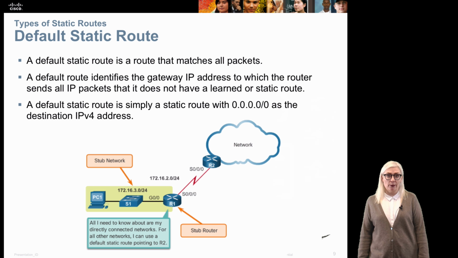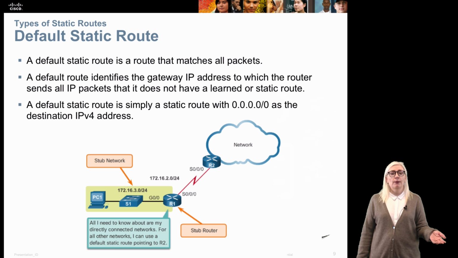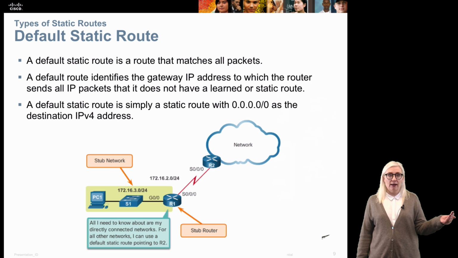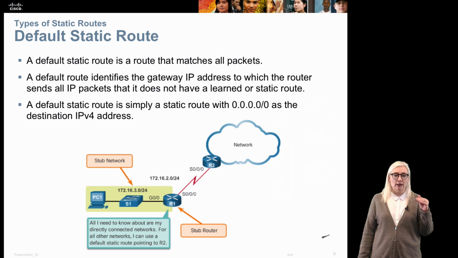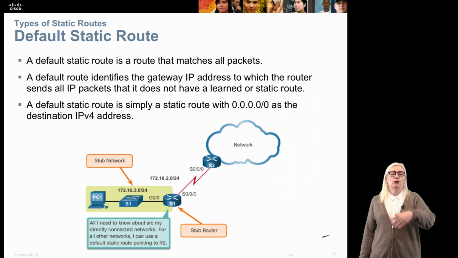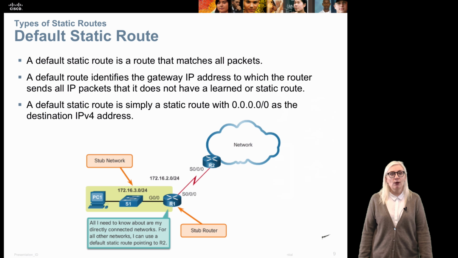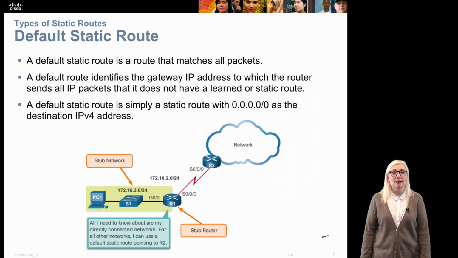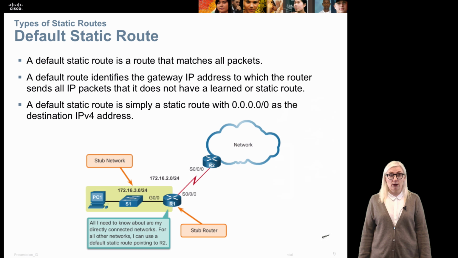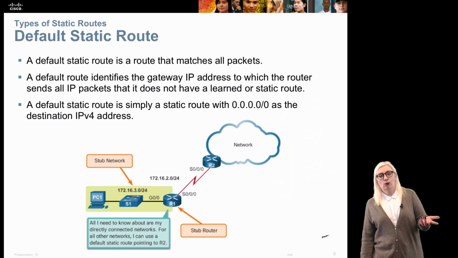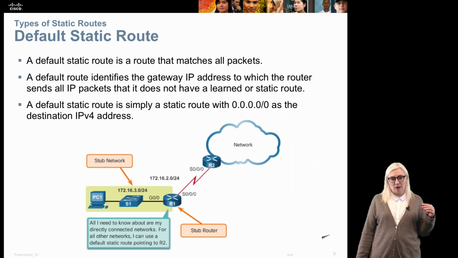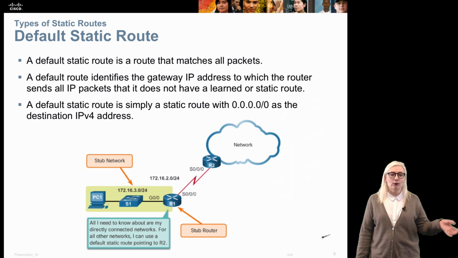A default static route is where you set up that whenever I have something here where I have no match, then I will send it out to this route. The default static route on IP version 4 is given by 4 zeros. That means all routes, all networks. So this is like the default gateway on a local area network, but here it's on a routed network.